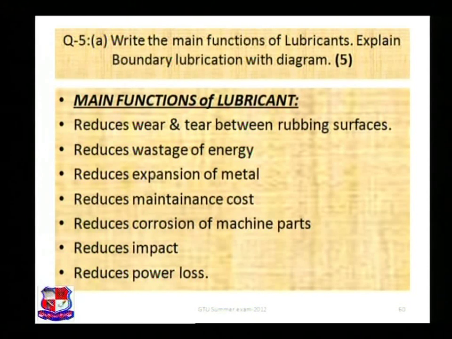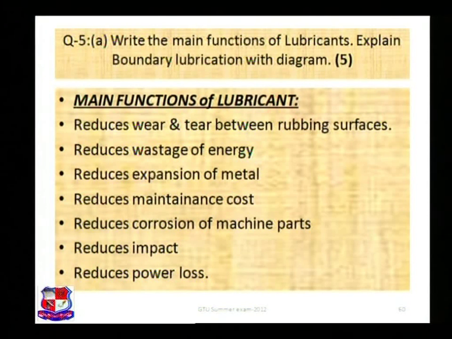The lubricant actually reduces wear and tear between rubbing surfaces. It reduces wastage of energy, reduces metal expansion, maintenance cost, corrosion of machine parts, reduces impact, reduces power loss. Okay, so this one has to be remembered, right? So this is very clear. This is actually a question of 5 marks.